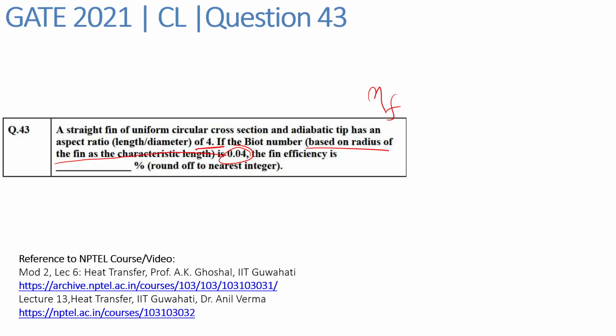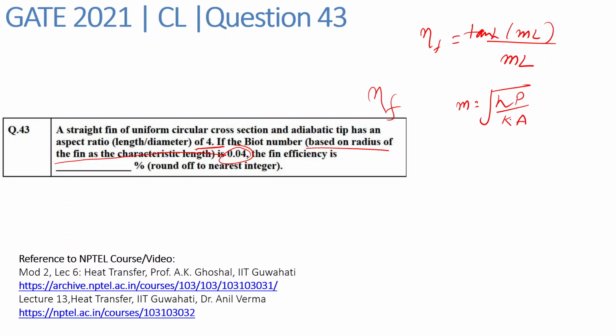Okay, so if anyone has doubt, then they can ask. Basically, in this question, we calculated the fin efficiency of a fin of circular cross section. So you can straight away remember the formula to calculate the fin efficiency: fin efficiency will be given as tan hyperbolic mL upon mL, where m is given as under root of hP upon kA.